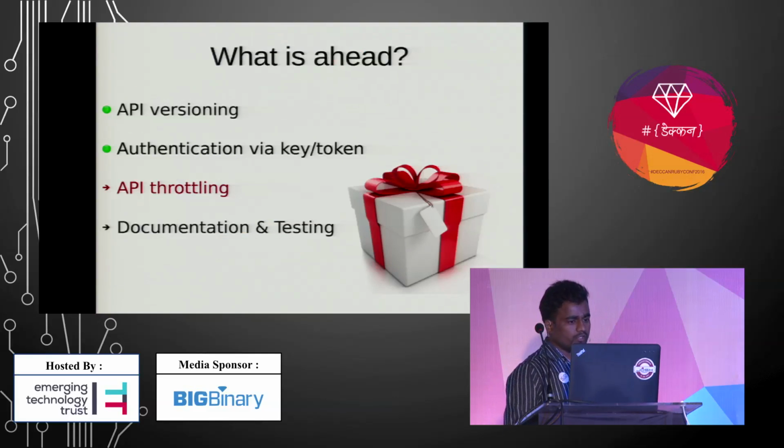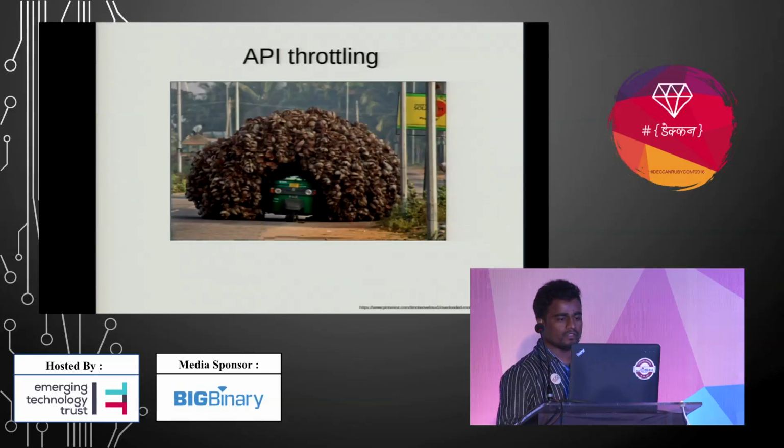So after authentication, the next thing is you want to throttle your APIs or put some limit on your APIs. Throttling is nothing but controlling your requests depending on some criteria. So what are the deciding factors that your API should have throttling?